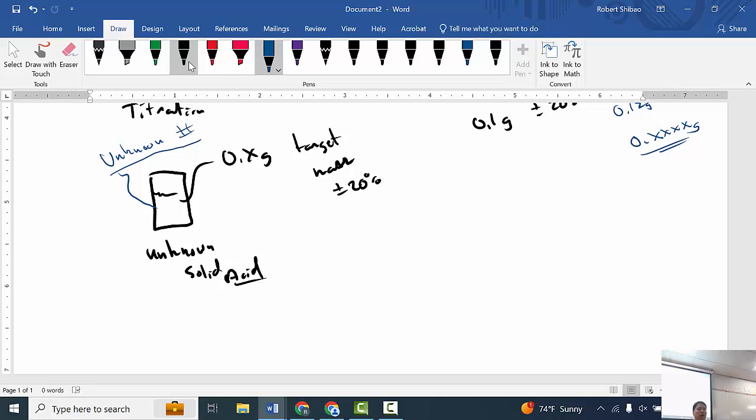The maximum points off would be a hit. And then the final thing you need to know is, since this is unknown acid, we need to know, is it monoprotic or diprotic? And so all this information you need to know.